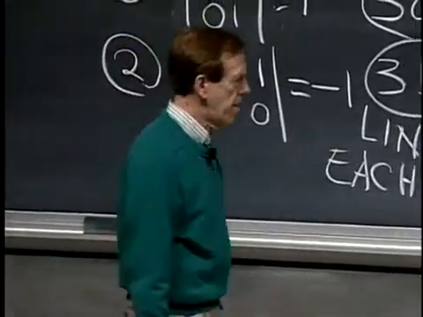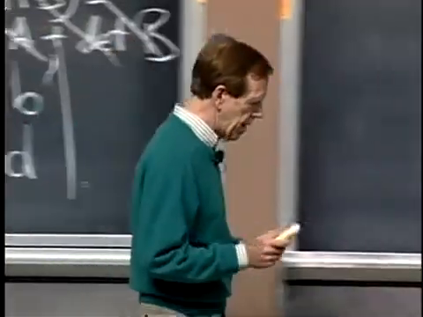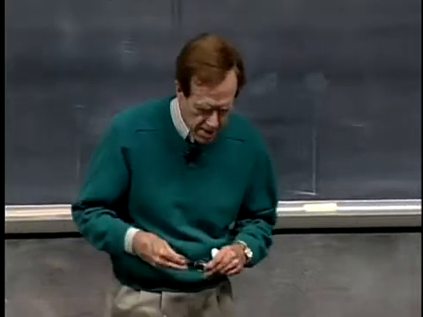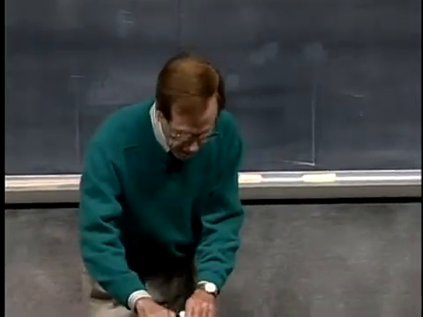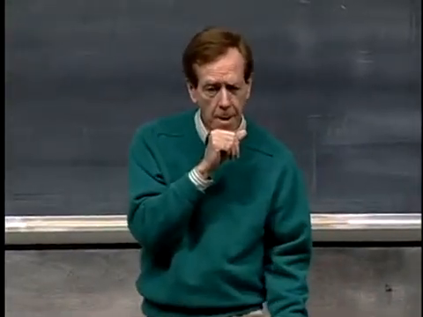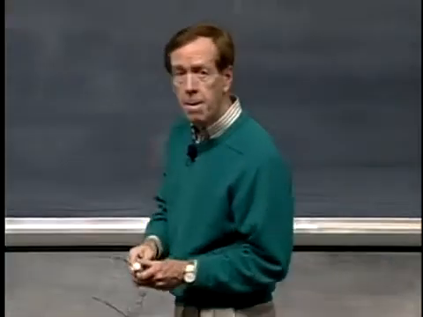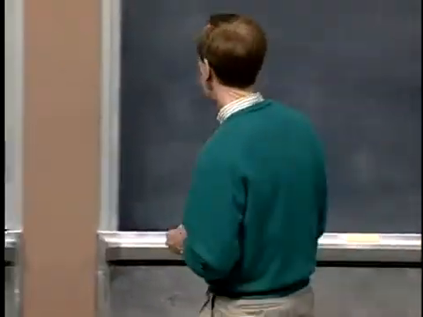Let me take an example. What would I like to learn? Here's property 4. Let me use the same numbering as here. Property 4 is if two rows are equal, the determinant is 0.